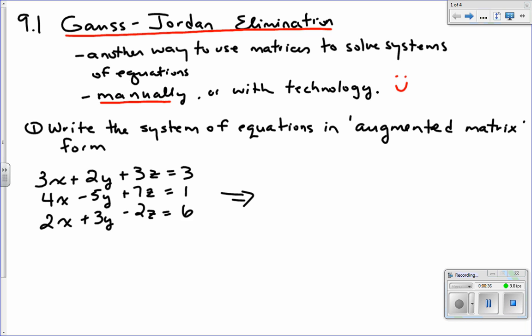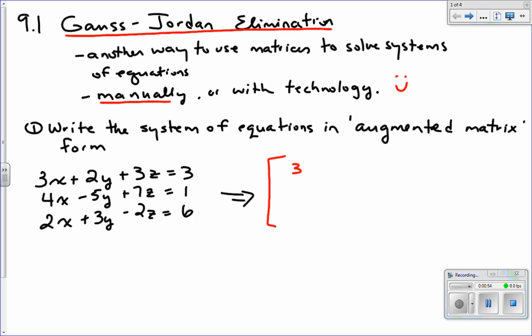I have the three equations written down here, and I'm going to walk you through the steps as we solve this problem. The first step is to write the system of equations as an augmented matrix. By augmented matrix, we mean this.